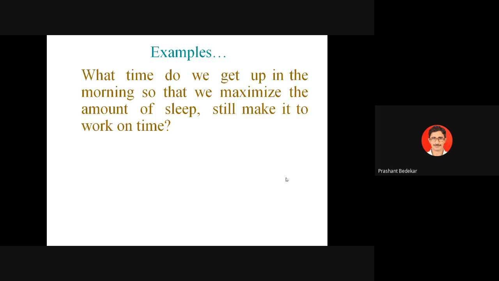Optimization: I am trying to maximize the amount of sleep with a restriction that I should reach my college on time. This restriction, limitation, is called a constraint in terms of optimization. We'll come to that afterwards.